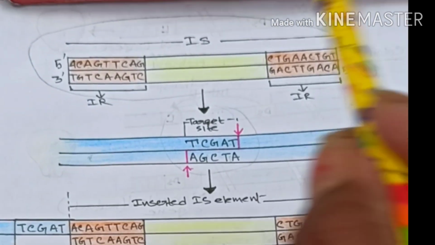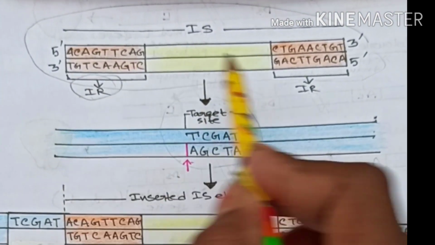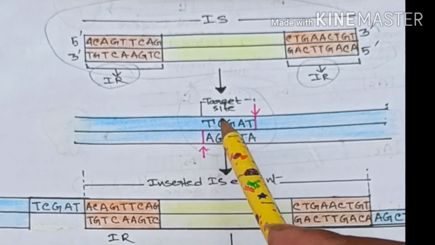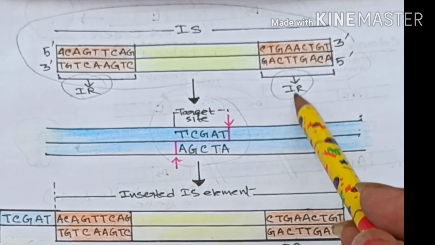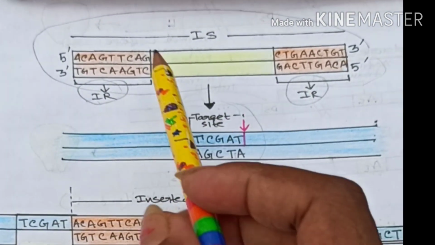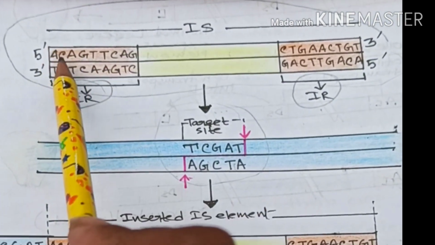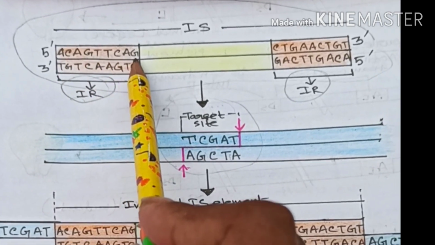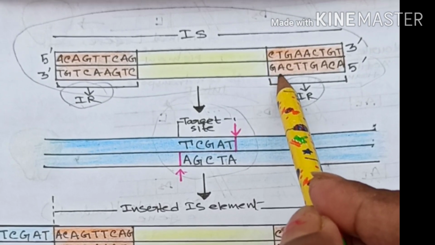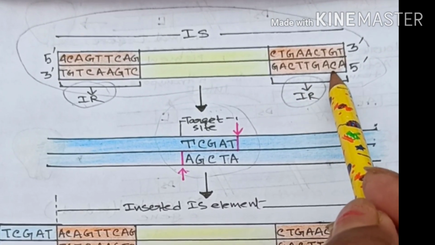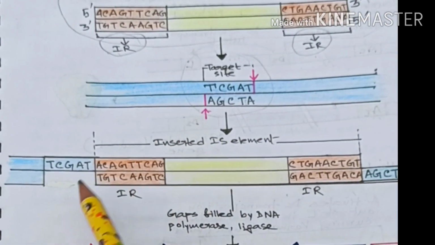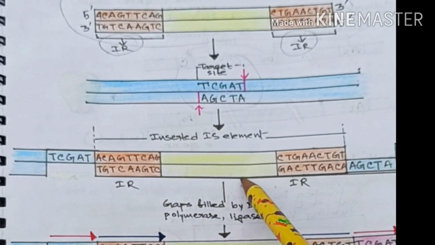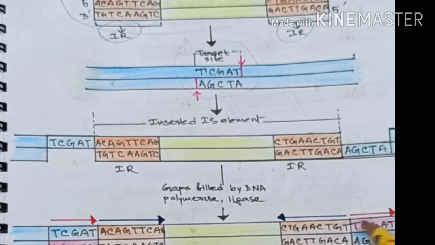Here note that the IR sequence is mainly responsible for the recognition of that target sequence, and the IR sequences are direct repeat and opposite in direction. That's why here A C A G T T C A G and here A G A C T T G A C A. And after incorporation of that transposable element, newly synthesized DNA is also synthesized.